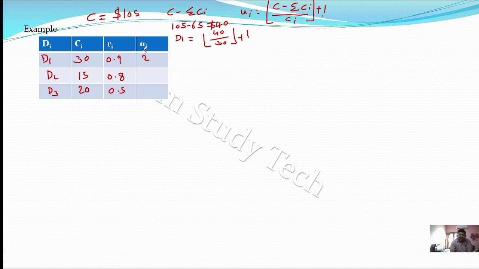You can calculate the upper bound like that. For D2, it is 40 divided by C2, the cost 15, plus 1, that is 2 plus 1, which is 3. Like that, for D3 it is 40 divided by 20, plus 1, that is 2 plus 1, which is 3.